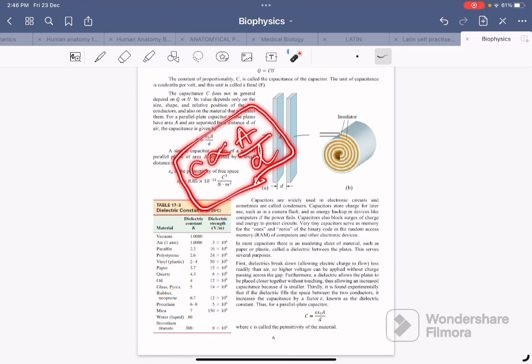If the distance of separation between the two capacitor plates is high, then the net capacitance between them should be much less.